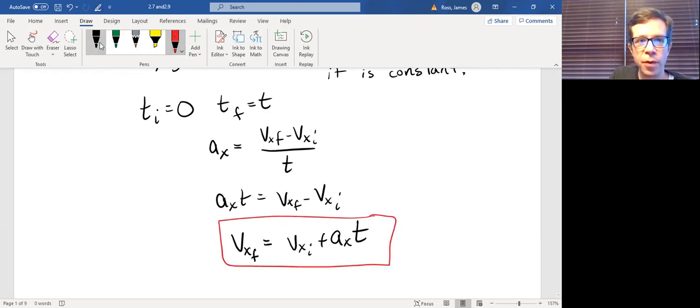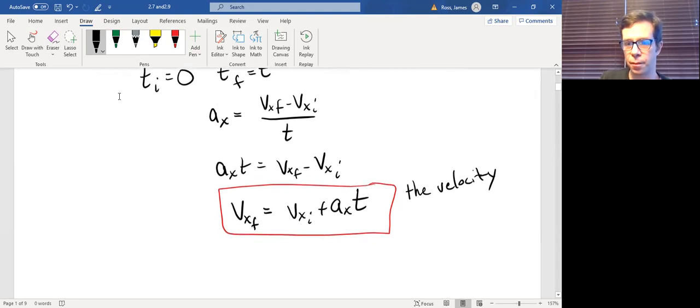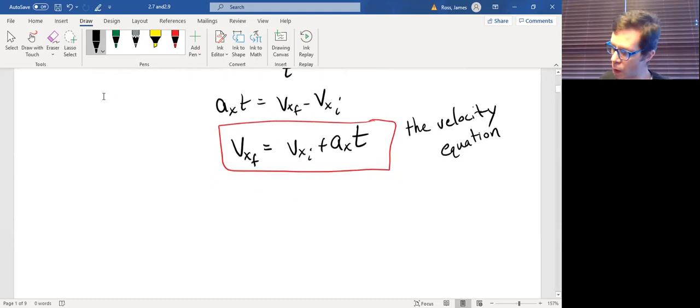I generally refer to this as the velocity equation because it's your velocity as a function of time, right? If you're given your initial velocity and the acceleration, then you can describe the velocity at any time. All right, where do we want to go next from there?